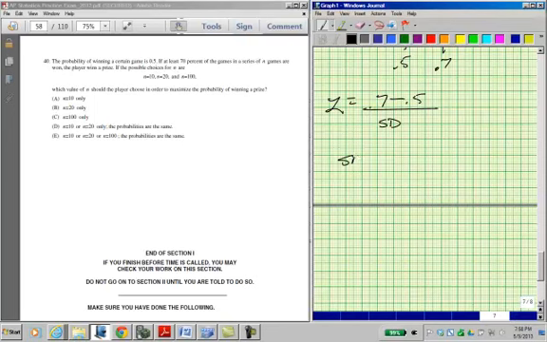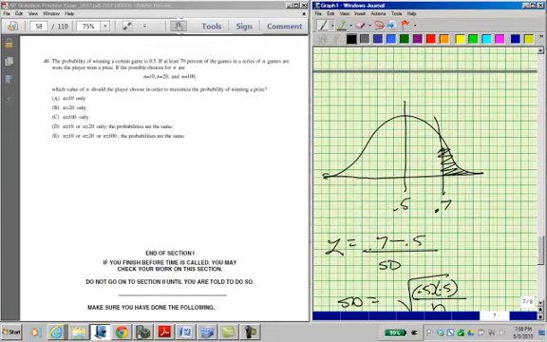The standard deviation equals the square root of 0.5 times 0.5 over n. The smaller the denominator, the bigger the standard deviation. The smallest n is 10, so 10 gives the biggest standard deviation, the smallest z-score, and the highest probability of getting to 0.7. So n equals 10 is the right answer.